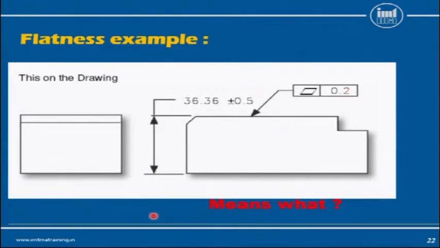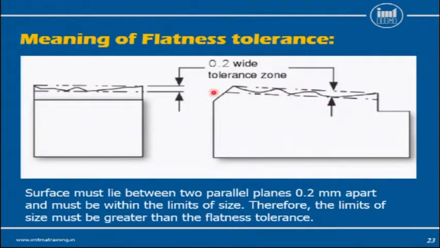What is the meaning? All the ups and downs, the high point as well as the low point, should be contained within 2 planes of 0.2 apart. Since the tolerance zone is the distance between 2 planes, the tolerance zone is indicated in both the views, in the front elevation as well as in the side view.